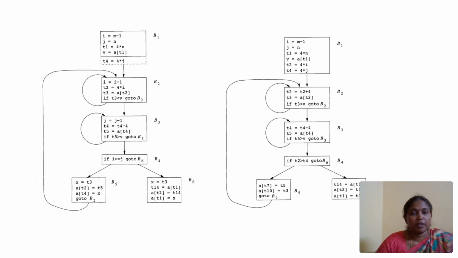A lot of optimization techniques are available. Using them, we can decrease the size of the executable code and decrease its computation time. So automatically, the performance of the executable code will be increased.